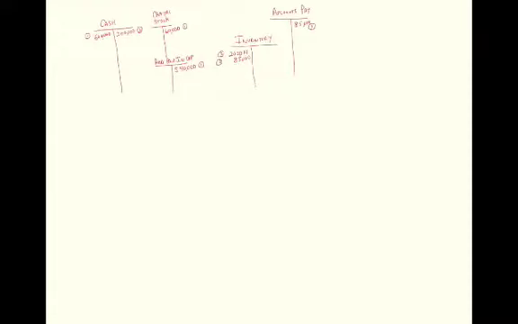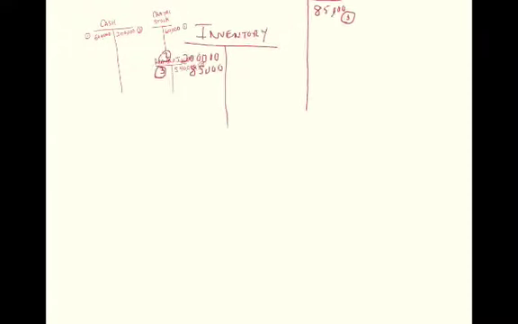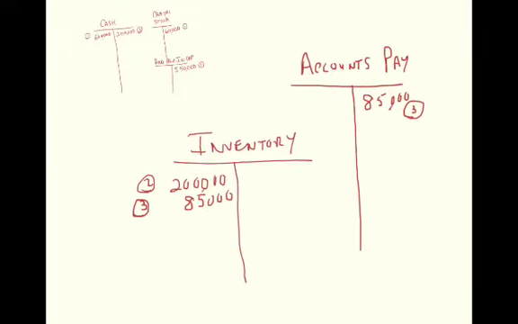So, I guess we need that again. We'll bring it up here. In number 4, we're returning the inventory. We have a debit to accounts payable for $11,000 in number 4, and a credit to inventory for $11,000.